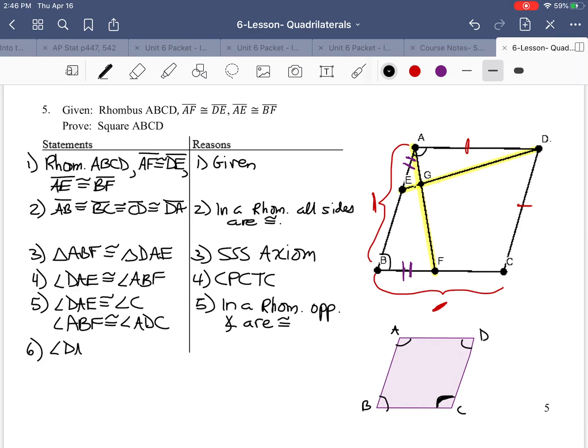Angle DAE is congruent to angle ABF, which in turn, that was already figured out in CPCTC, but then DAE, we figured out was congruent to angle C, and we also figured out that angle ABF was congruent to angle ADC. And that's all just by substitution.